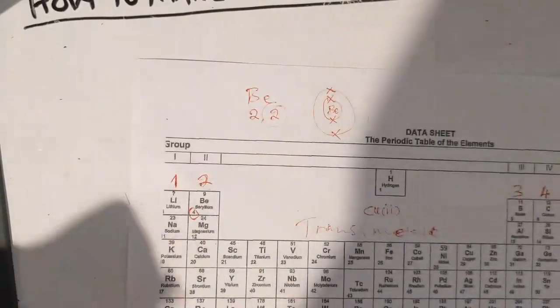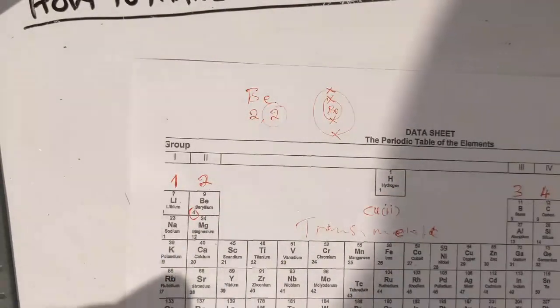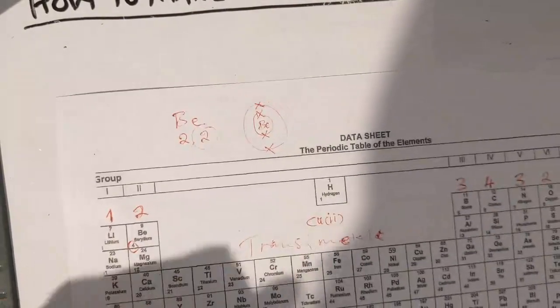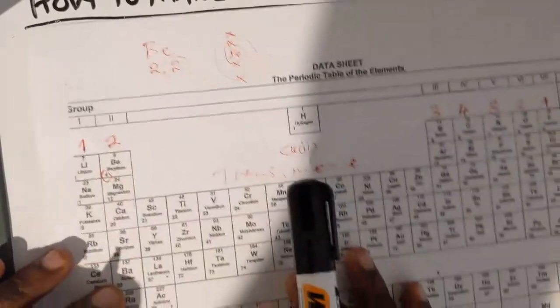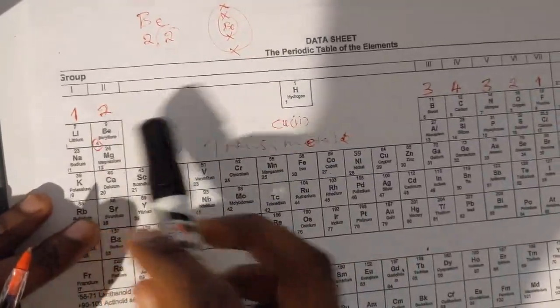So now, how to make a chemical formula. A chemical formula is just a representation of the number and the types of atoms. So for instance, if you have been asked to make a chemical formula of beryllium and oxygen.